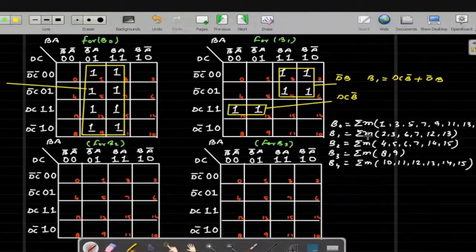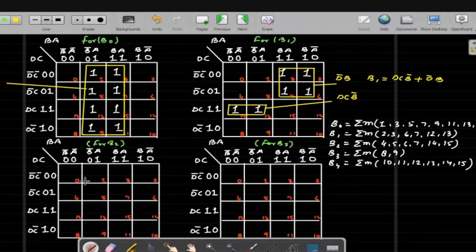Otherwise, if you directly implement B0, B1, B2, B3, B4, a great number of logic gates is required. So this is the utility, the beauty of the Karnaugh map technique to reduce the Boolean expression.